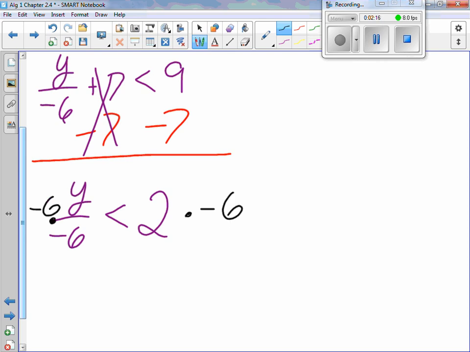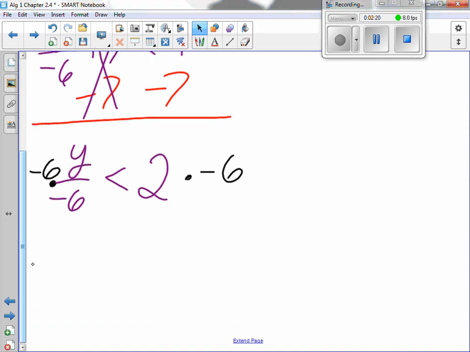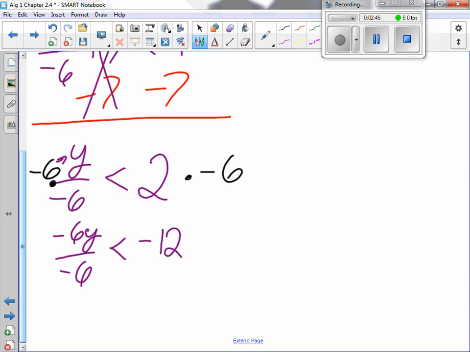So what we need to do is multiply both sides by negative 6. When we multiply something by a fraction, it only multiplies with the numerator. Two fractions multiply straight across. So the negative 6 would be multiplied by y. And what we would get is negative 6y over negative 6 is, would it be less than 2 times negative 6, which is negative 12?